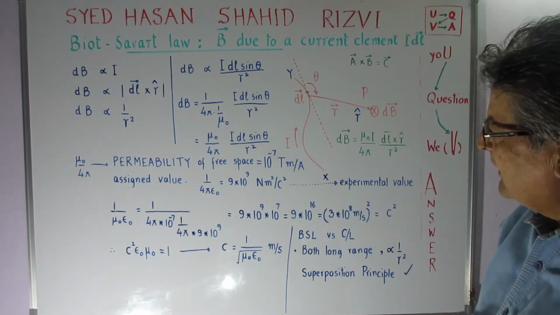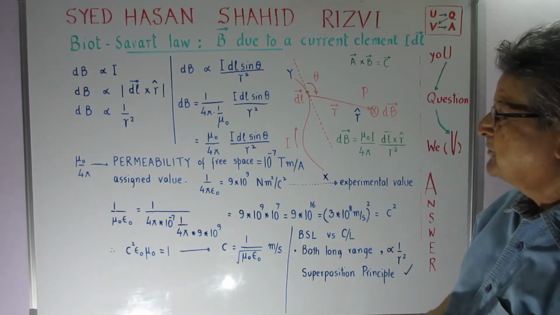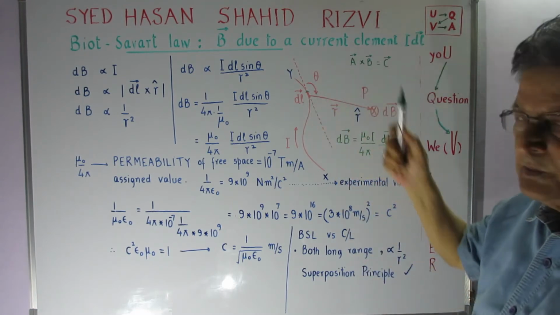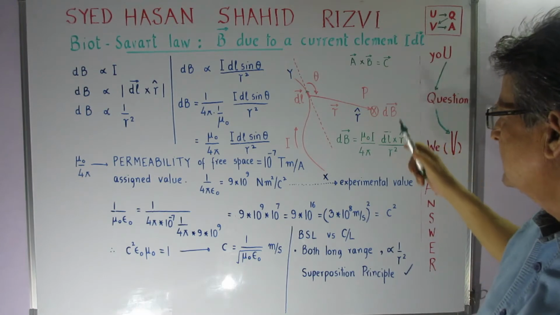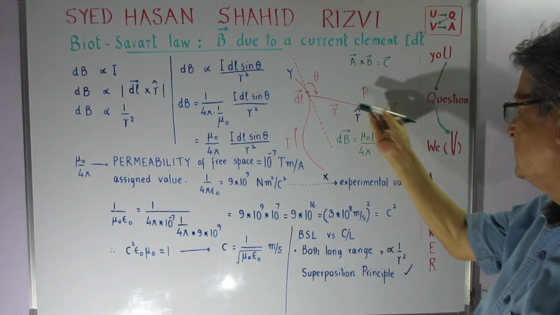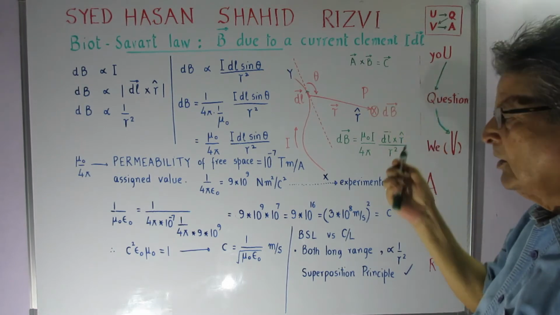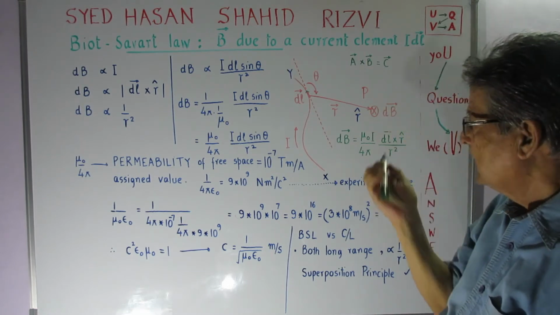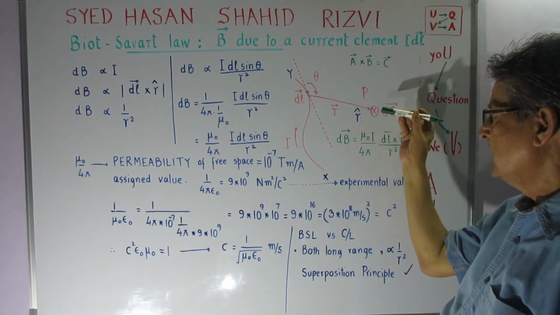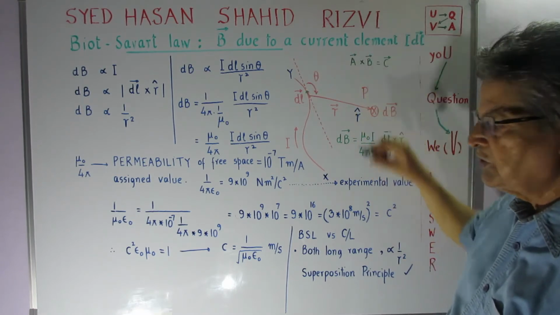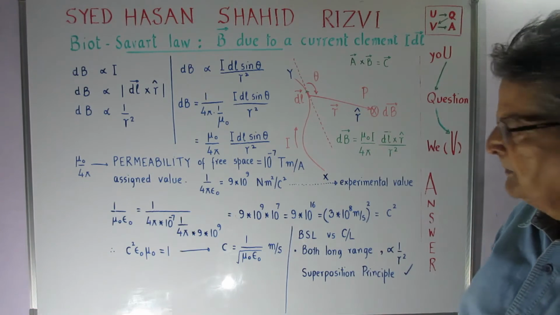This idea may have arrived from Coulomb's law, where there was a charge Q and the electric field was determined at a point away from it, but that electric field was either in the direction of this R if the charge were plus, or opposite to it if it were minus.